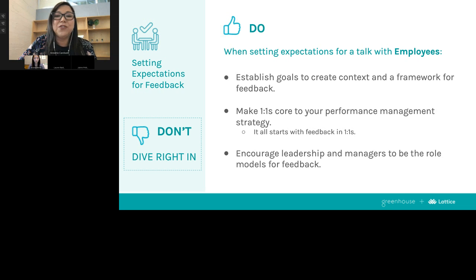It all starts with leadership modeling the behavior that you want to see. So leaders and managers at a company should be active participants in whatever feedback strategy you've laid out for employees. The simple act of giving and receiving feedback, discussing it openly with employees, will provide that extra encouragement to your employees to follow suit, hopefully. Public praise especially goes a long way to helping show off that feedback culture at your company.